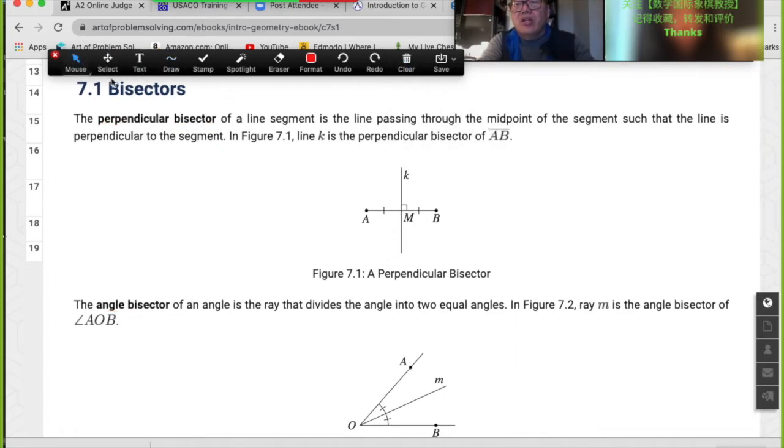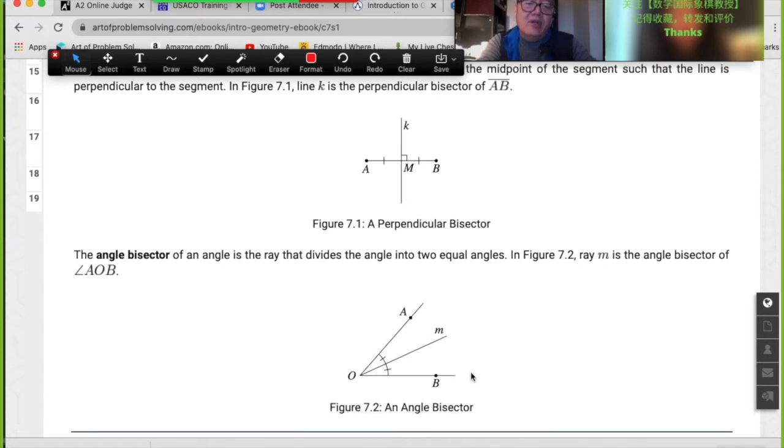So this is called the angle bisector. So you have two kinds of bisectors. One is the perpendicular bisector: a line that separates a segment into equal parts and is also perpendicular to that segment. The other is the angle bisector: this line separates this angle into two equal parts.